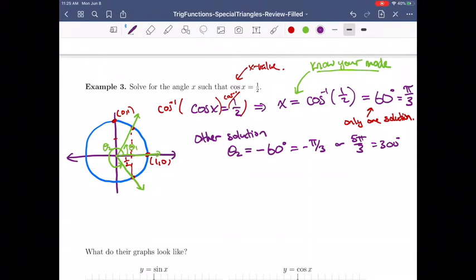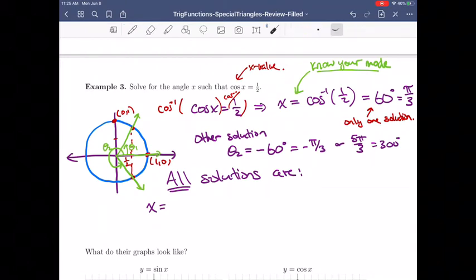Okay, now these would be the only 2 solutions between 0 and 360, if I don't include this negative one. But there's actually infinitely many solutions. So all solutions, you want to give them as multiples of your original.